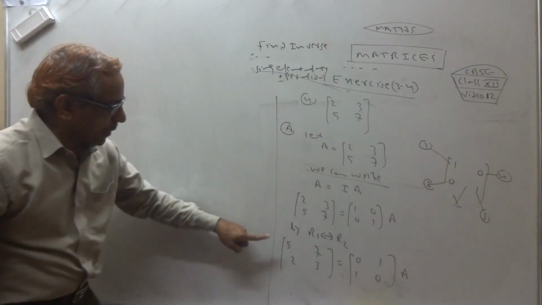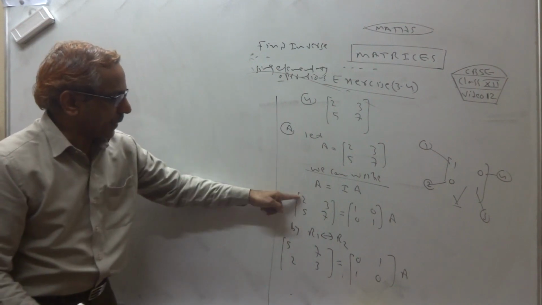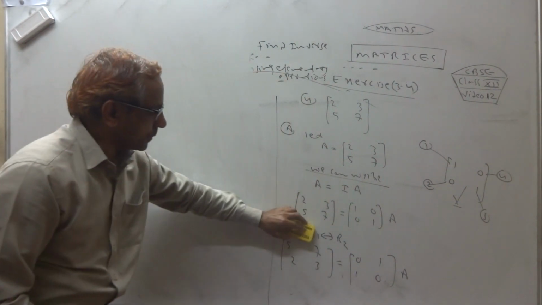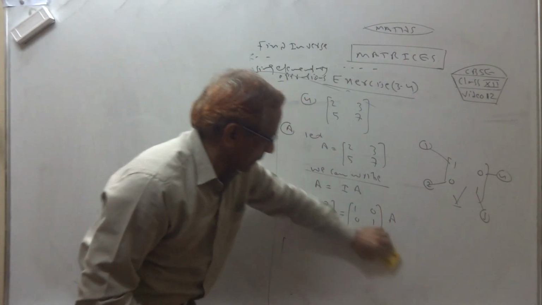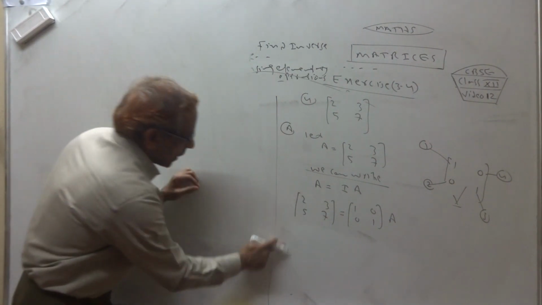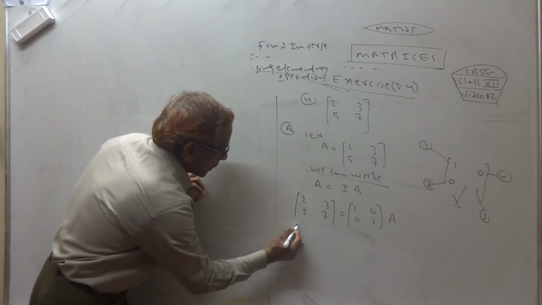Yeah, first I have to get 1 here. So what I am doing? I am interchanging them. Or if not this, please see, one possibility is that you can interchange them, or otherwise I can get here 1, here also I can get 1.